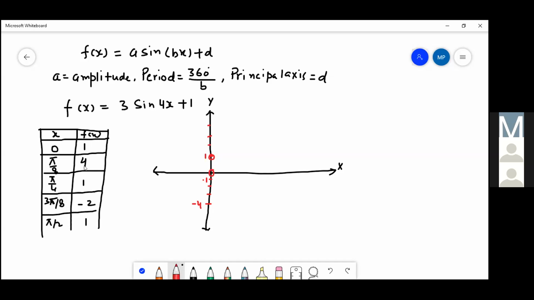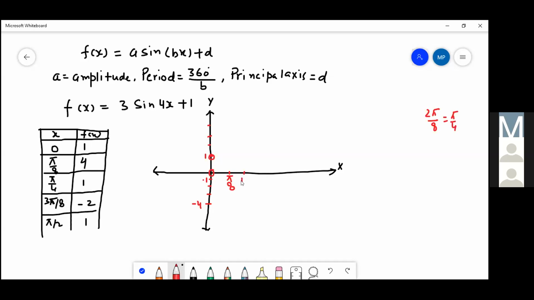then there is pi by 8, pi by 4, and this way. Suppose this is pi by 8. Then this is pi by 4, here I'm writing 2 pi by 8, 2 pi by 8 means pi by 4 after this one.